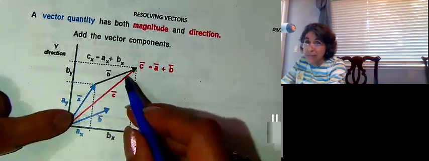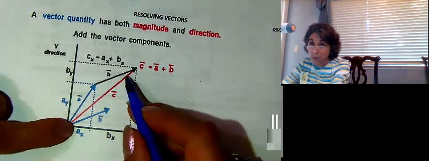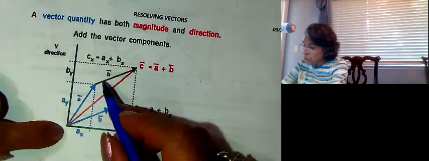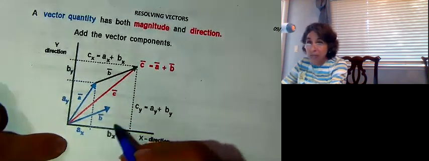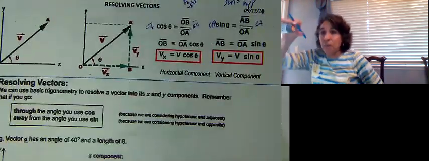What happens when I break down the red one's X and Y components compared to A and B? You'll notice that all you do is add up all the X components together and all the Y components together, and that's how you get the components for the resultant vector. We'll go over that more slowly later. Hopefully you get a better idea on that.